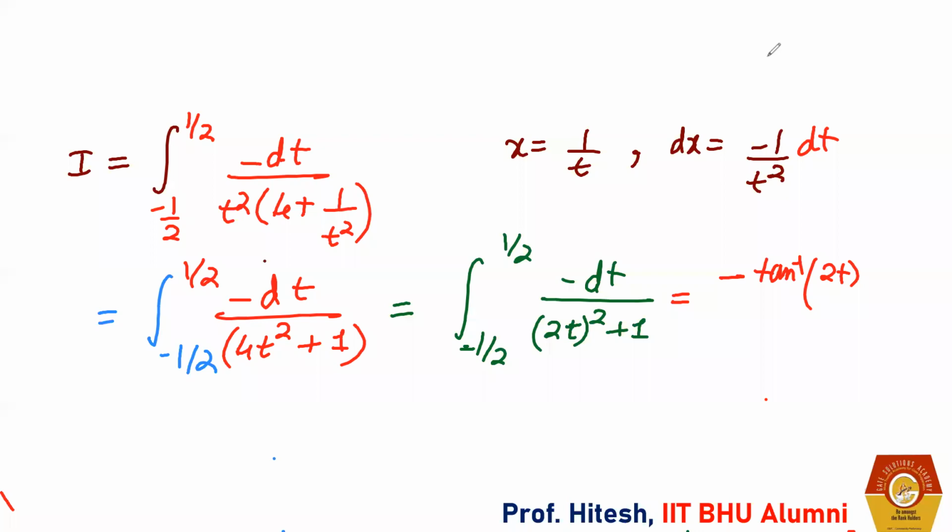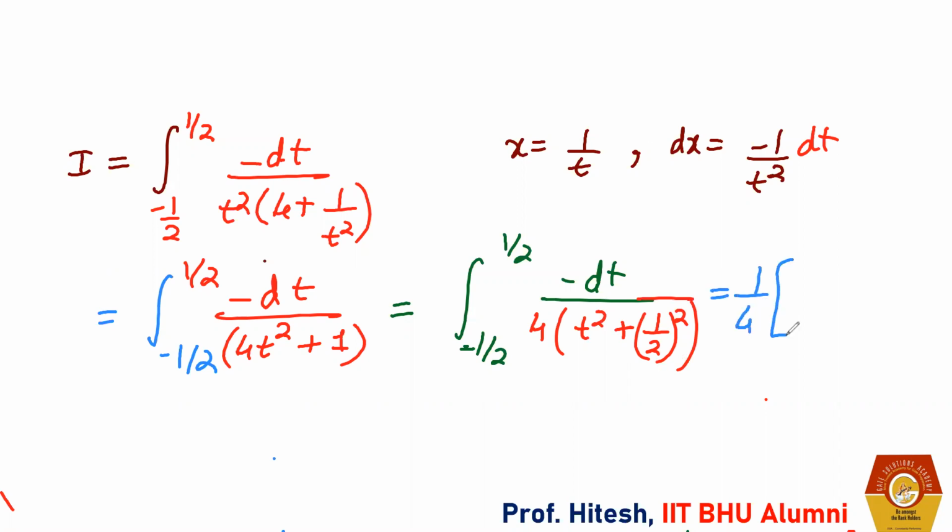Let me not write it directly. Take 1 upon 4 out, so it is t square plus 1 upon 2 square. Minus is there, and 1 upon a, where a is 1 upon 2, tan inverse t upon 1 upon 2, and then the limit.